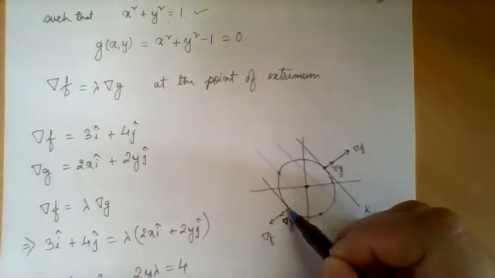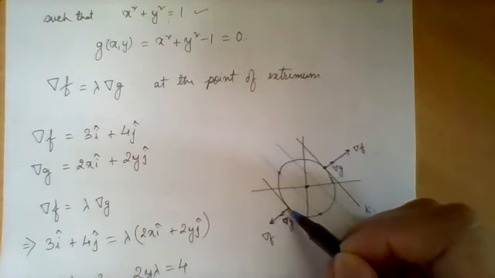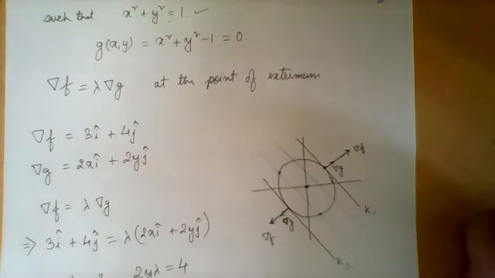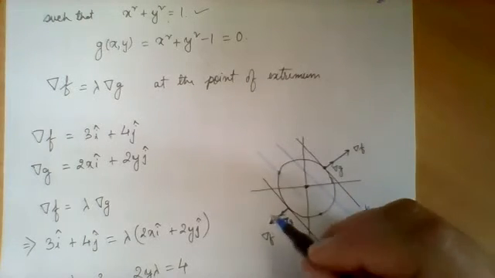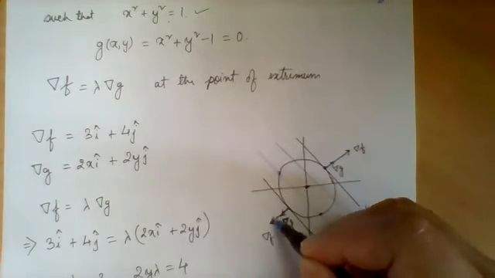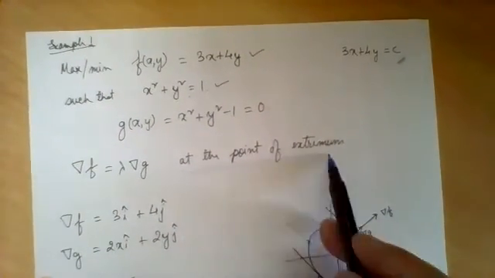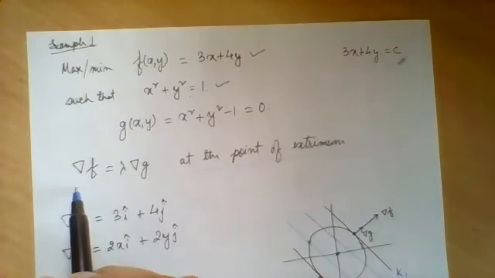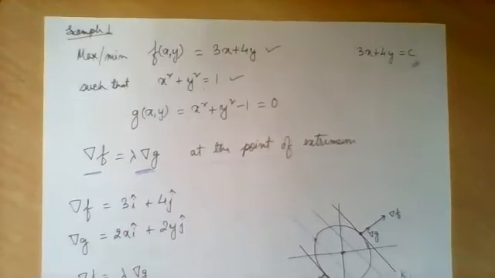Similarly, at this extrema, the gradient of F is along this direction, and the gradient of G is along this direction, and these two are parallel to each other. They can be either parallel or anti-parallel. At the point of extremum, gradient of F should be equal to lambda times the gradient of G.